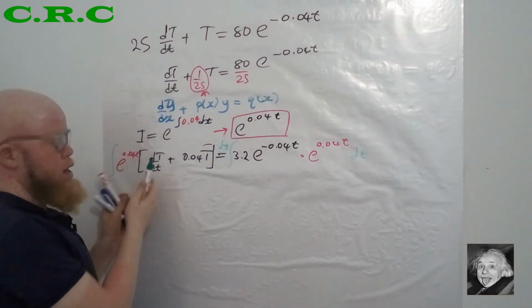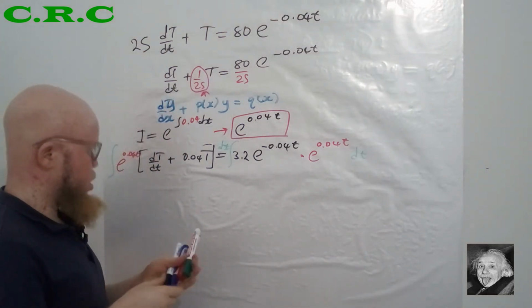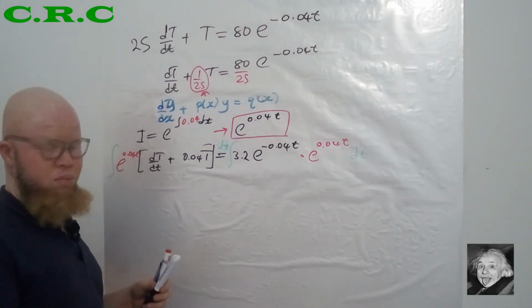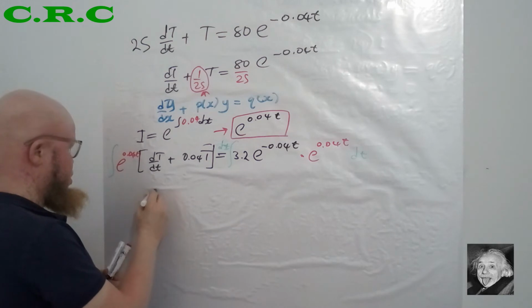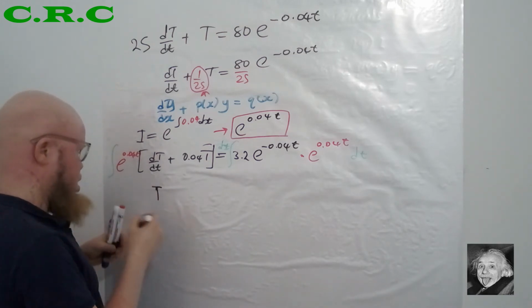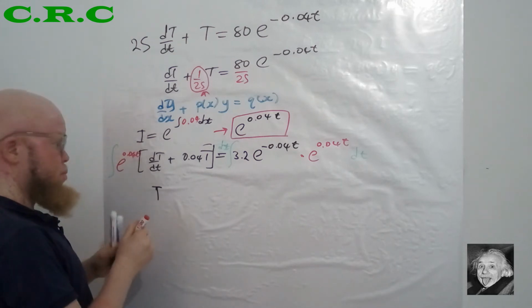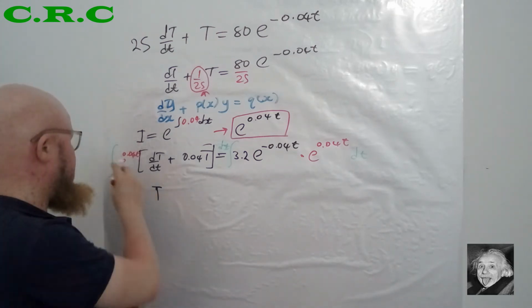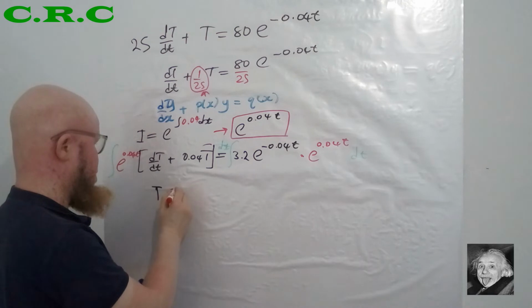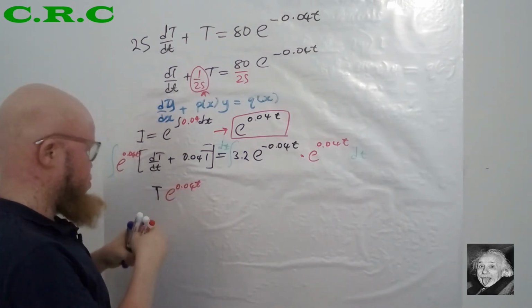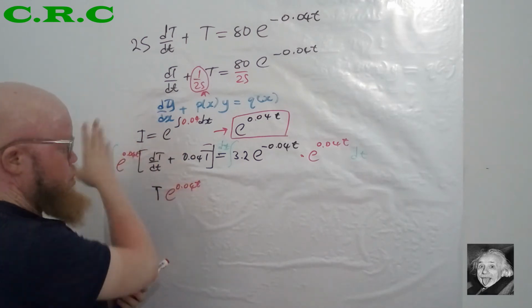For the left hand side, as we said, the result will just be the integrating factor times T. So it will be T times e to the 0.04 t, and that will be our integration for the left hand side.